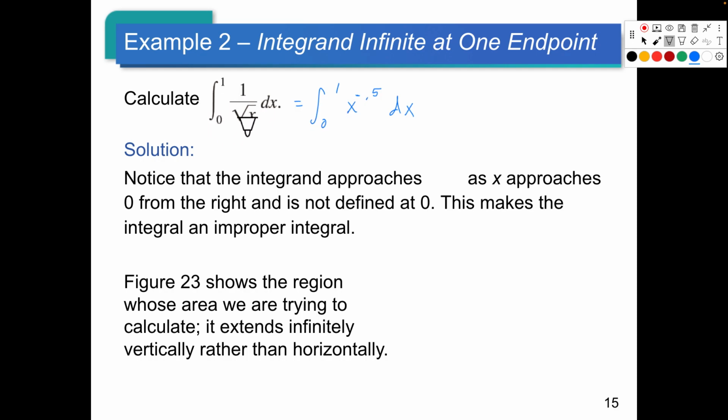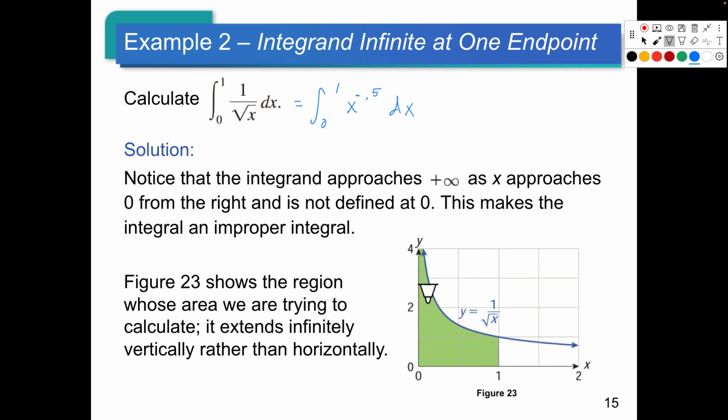If you did the graph, and I think they show it next, yeah, they show if you were to graph it, as we go to 0, the function itself is going off to infinity. But watch when we integrate, which they'll do on the next page.